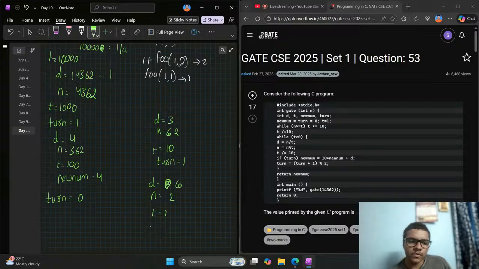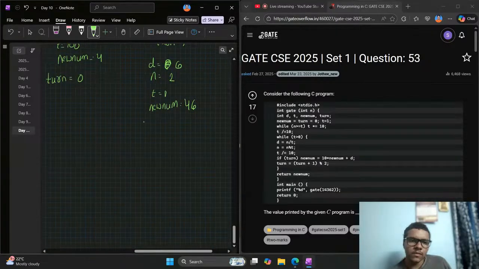Turn is 1 this time, so what is the new number? 4 times T plus D, 46. Turn is equal to 0 this time. Now what? N is greater than, yes, 2 is greater than or equal to 1, that is true. And D is equal to N by T, that is 2.